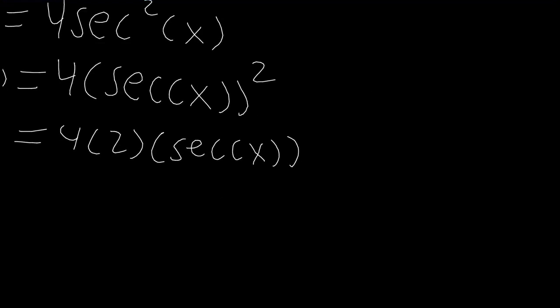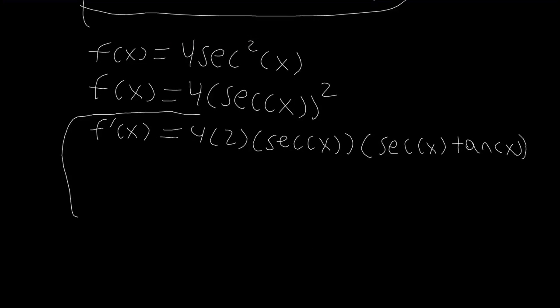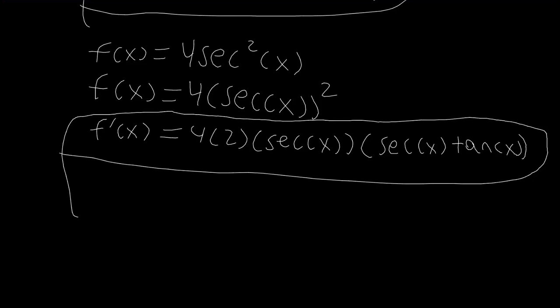So the derivative of secant x is secant x tangent x. So now we're going to multiply by secant x tangent x. And this is going to be the answer.